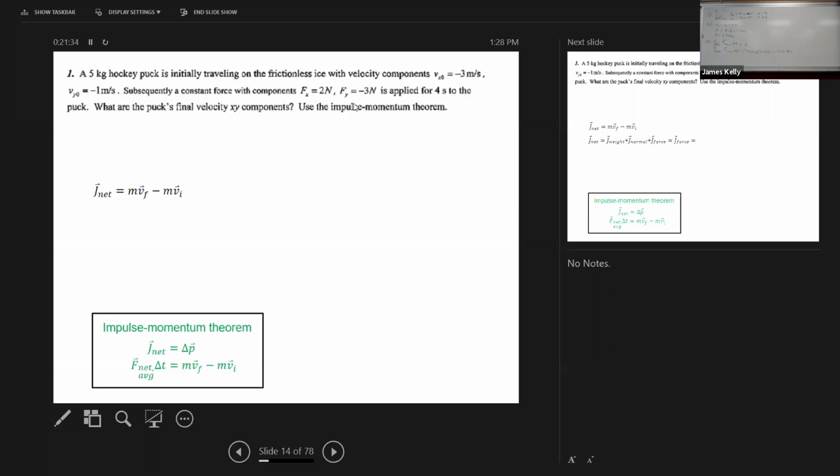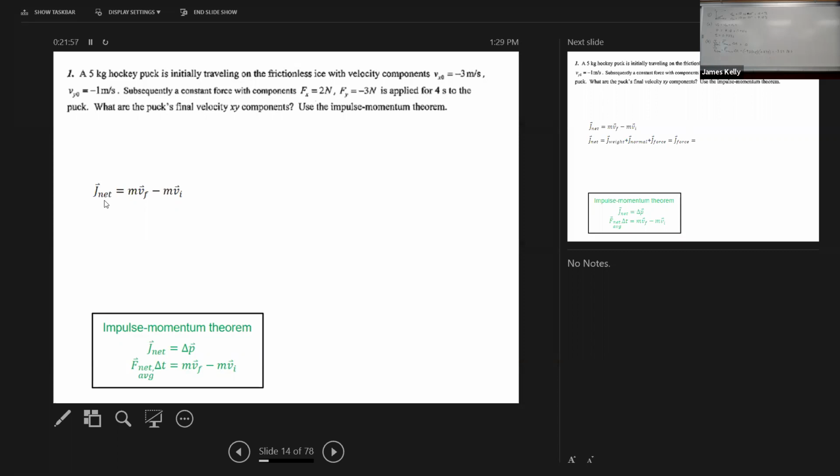And so the idea is I've got enough information to calculate the net impulse delivered to the puck during these 4 seconds, and that will allow me to calculate that v final eventually. Right? Our goal is always to predict the future, or in almost all cases, to predict the future. So when we do net here, there are 3 forces acting on the puck as it's sliding around.